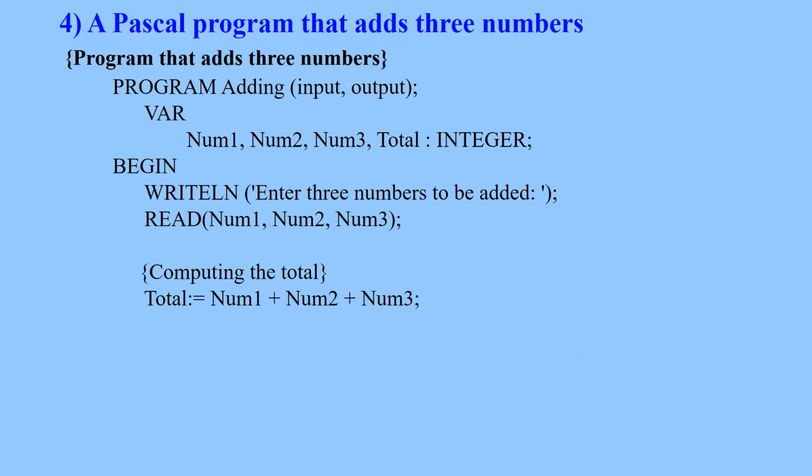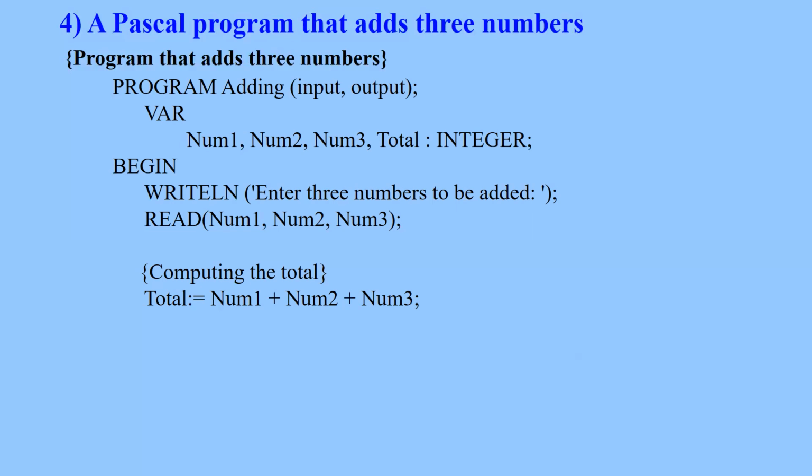In other words, pick the content of num3 and the content of num2, and add the content of num1.